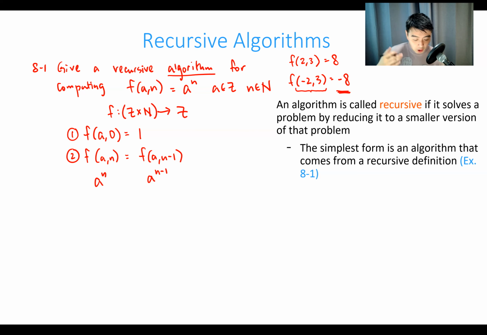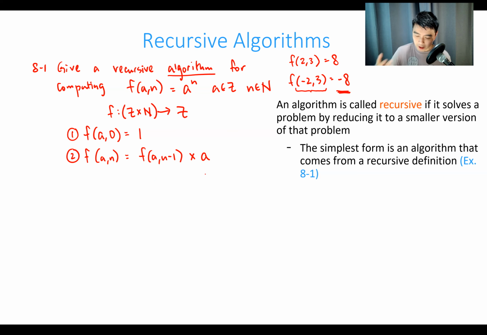So if I already know the value of a to the n minus 1, how do I find the value of a to the n? The answer is I multiply it by a. Just verify: if I multiply this by a, which is a to the 1, I need to add the exponents together, right? So a to the power of n minus 1 plus 1 will give me a to the n. I hope you verified. So this is our recursive definition.